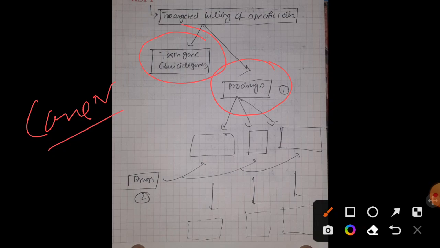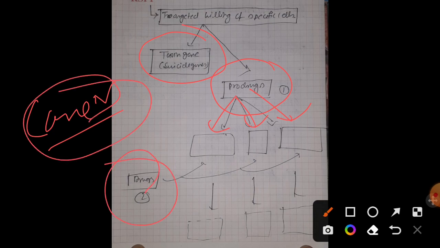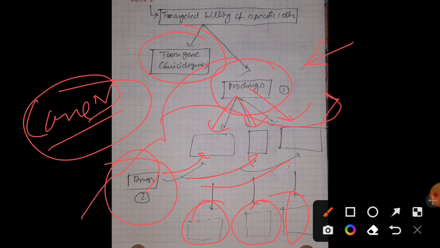First of all, initially the prodrug will not cause any kind of harm to those cancer cells. But when you add the drug subsequently, your prodrug will also be sensitive and cause destruction of the cancer cell. So this second type of approach already came in our exam as prodrug therapy. This kind of situation is known as prodrug therapy.